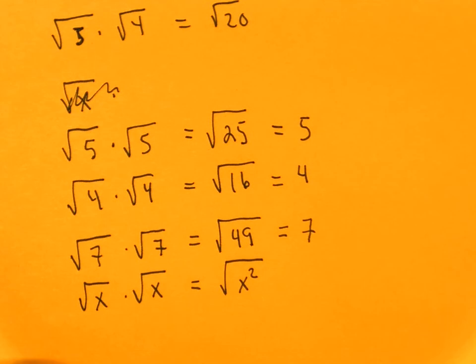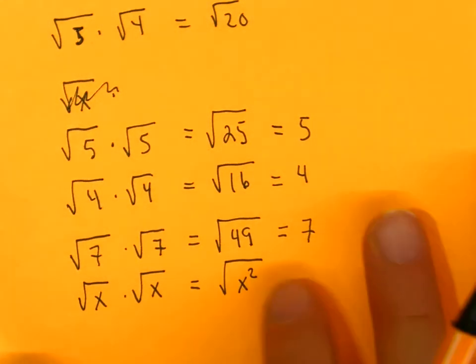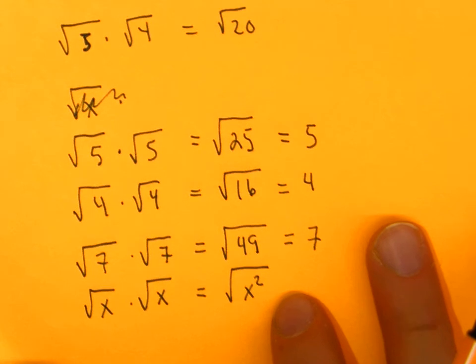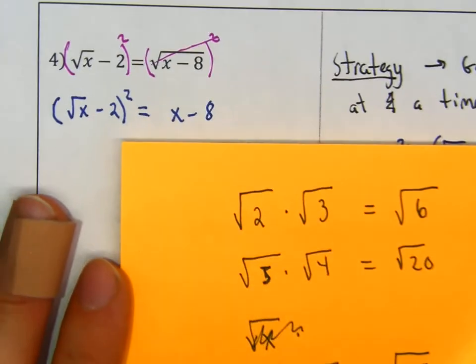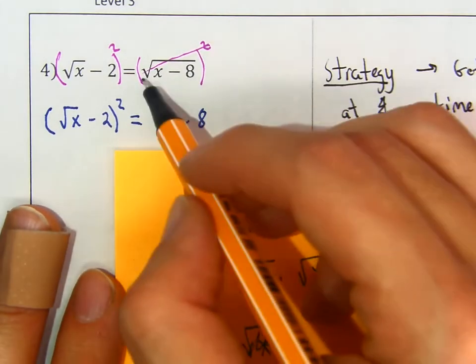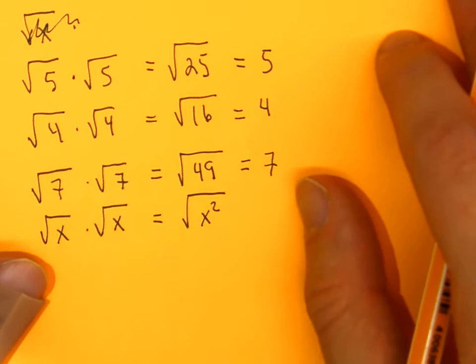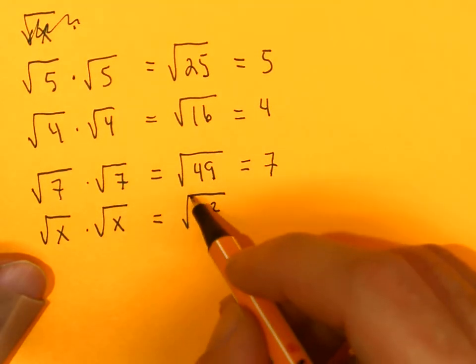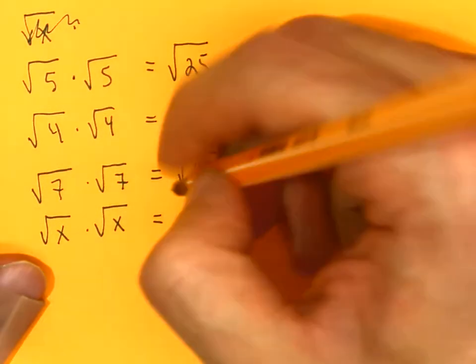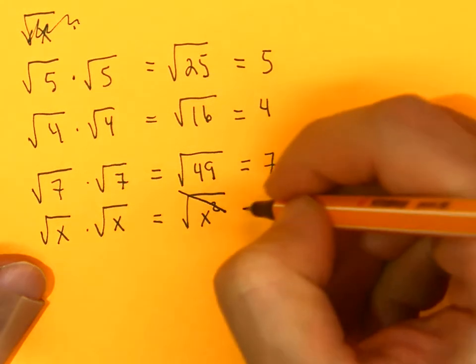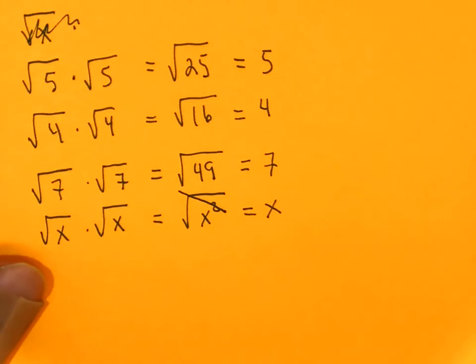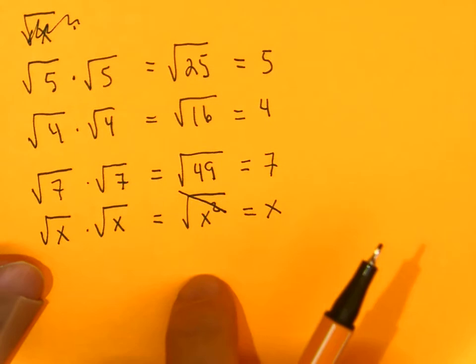But notice, when you square the square root, this cancels. Now, when you take the square root of a square, this cancels like that. You're just left with x, right?